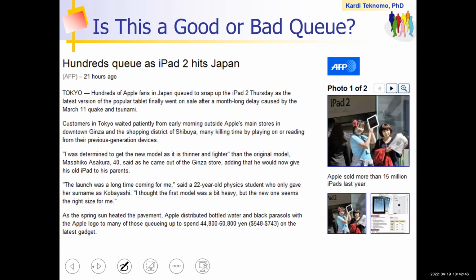So a question sometimes people will ask: is queuing good or bad? Well, I will say for whom, right? When the iPad 2 was a hit in Japan, people queued a very long time, and they were very happy to buy that iPad, right? Of course that becomes network externalities. People think this is popular, so the more people think this is popular, the more people will buy.